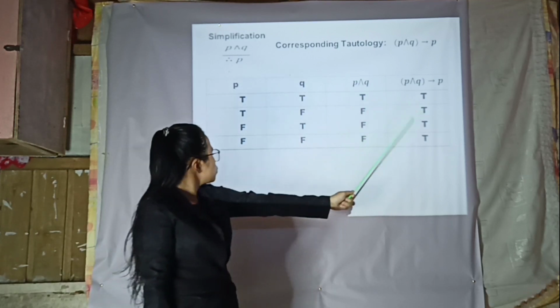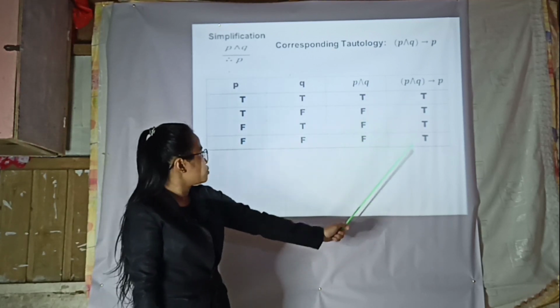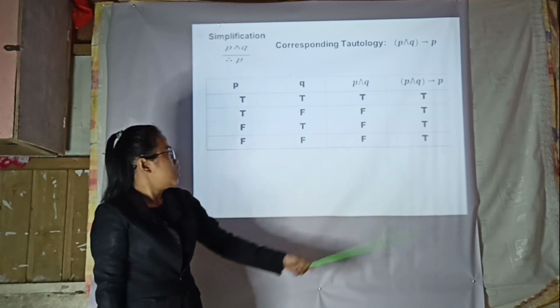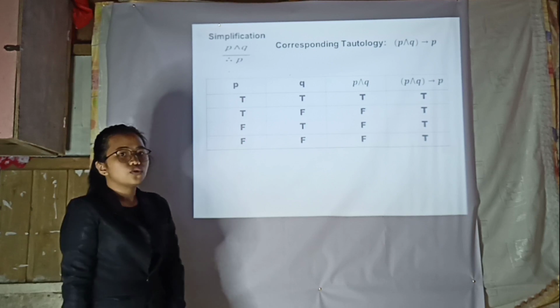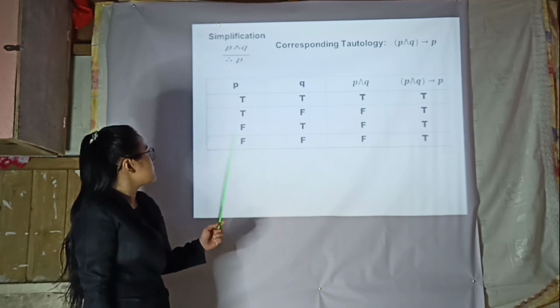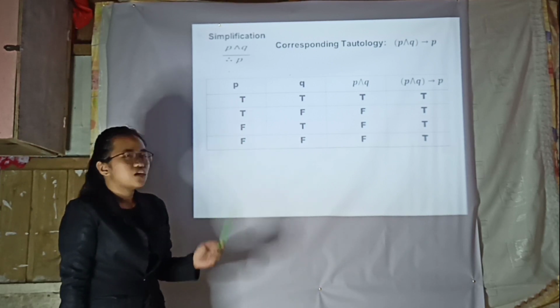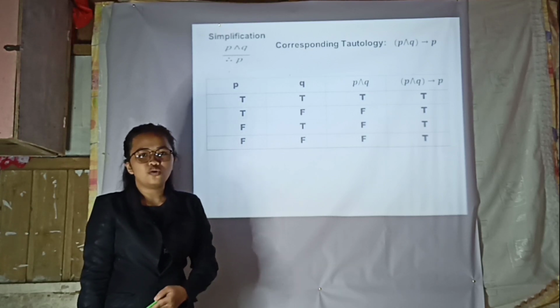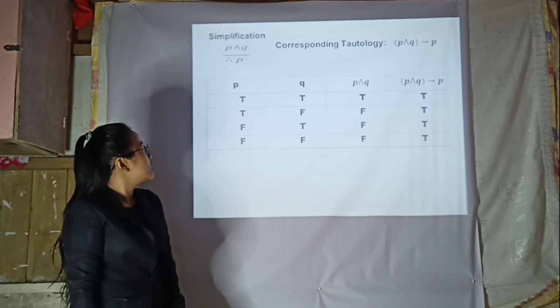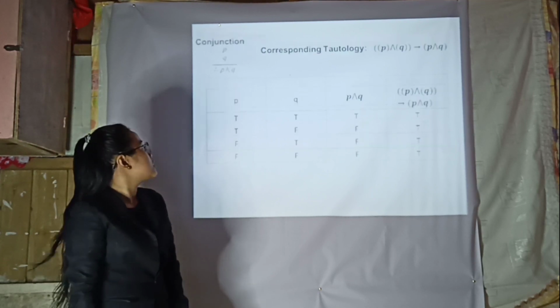This truth table represents the second rule of inference, which is the simplification. Do you have any questions, class? No? Let's proceed to the third rule of inference.